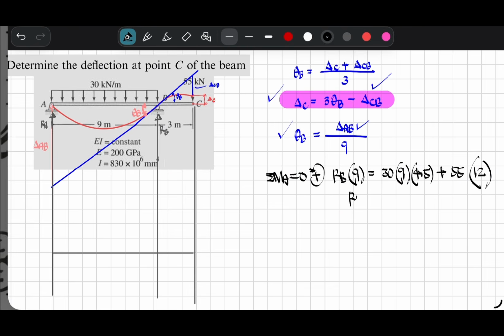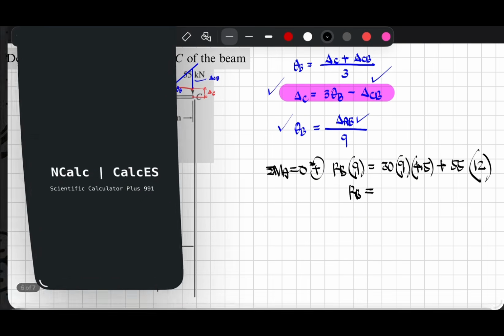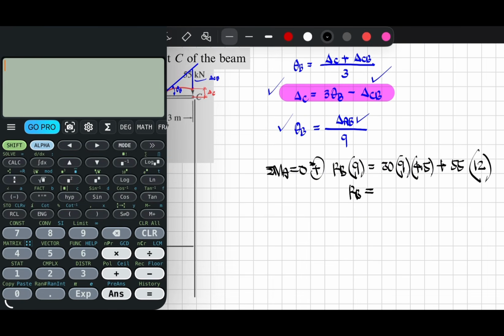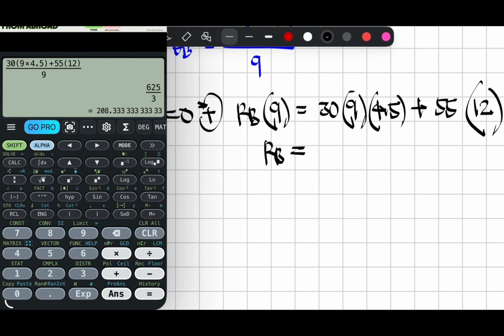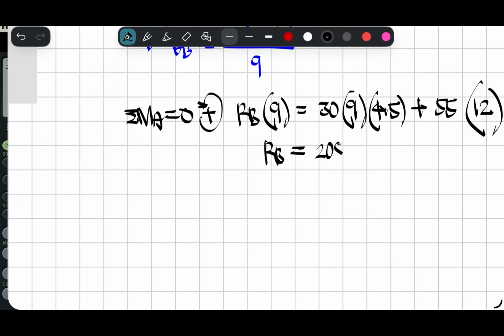So RB is equal to (30 times 9 times 4.5 plus 55 times 12) over 9, which is 208.333.